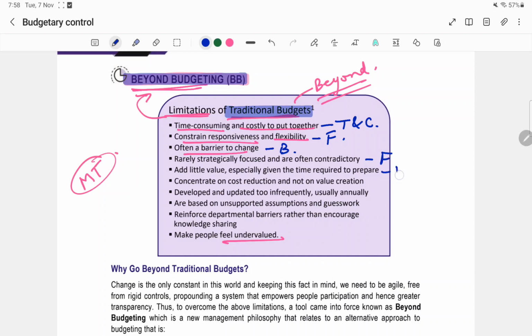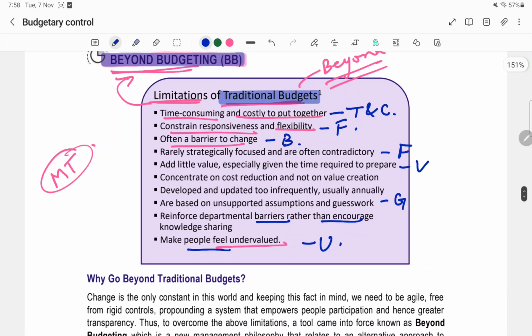Then it adds little value. Then this is guesswork. Then it makes people feel undervalued. Then again one point was that it is updated too infrequently, that is, very few times it is updated, that is, change was not there.